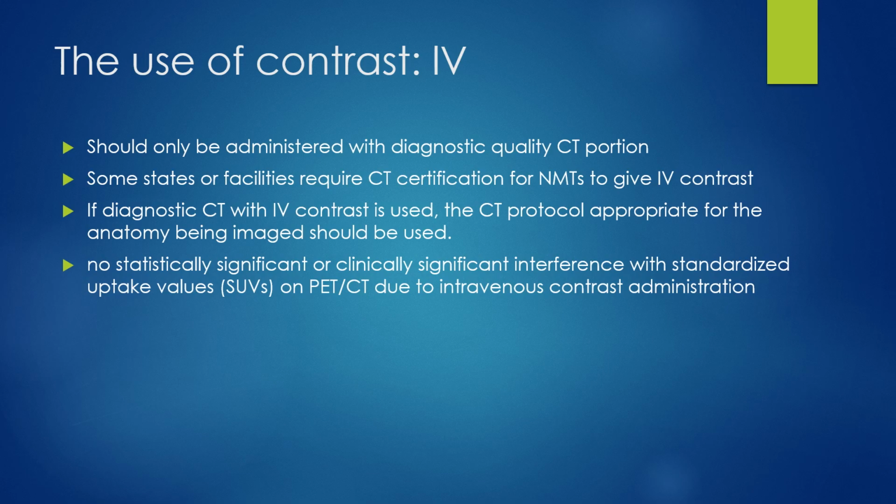And there really isn't statistically significant or clinical significant interference with standard uptake values on the PET CT when IV contrast is used. That is important to note because that IV contrast is extremely dense, which is why it's used for CT. But because of that, then it can cause some artifact with attenuation correction.